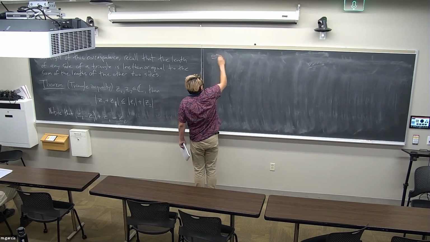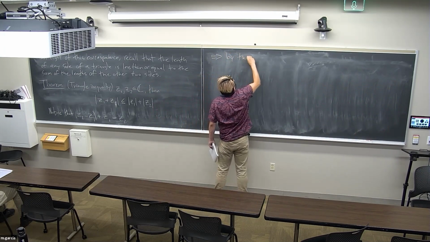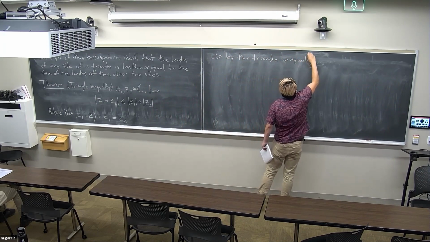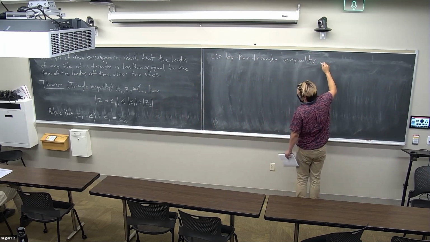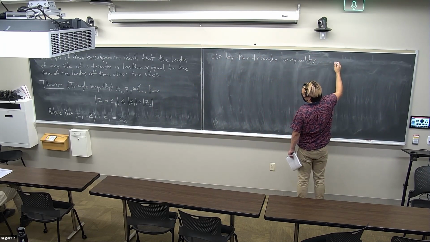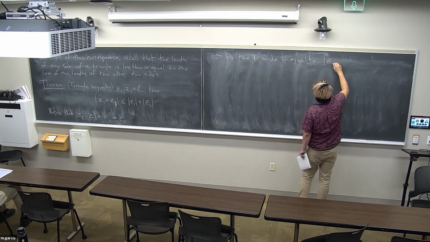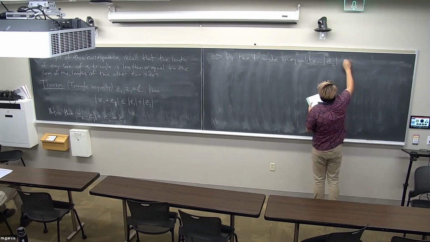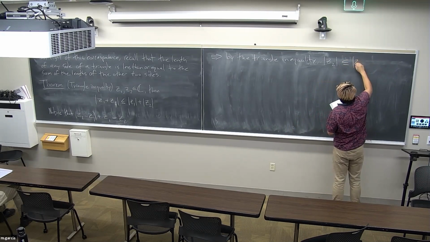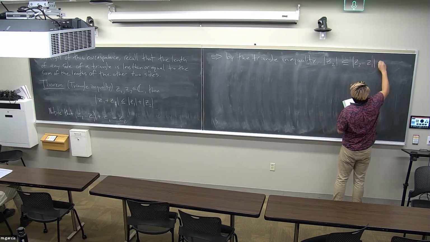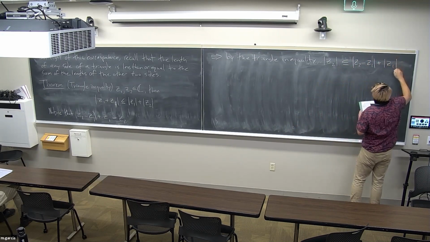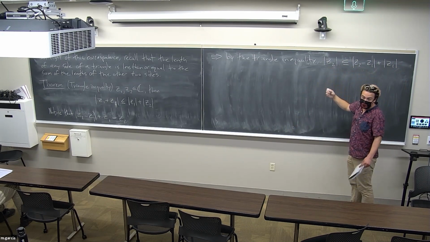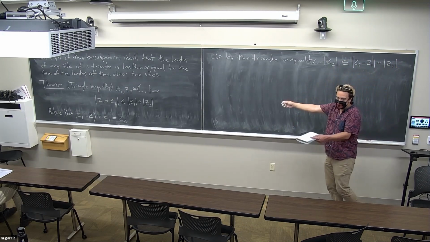So, this implies by the triangle inequality that the modulus of z2 is less than or equal to the modulus of z2 minus z1 plus the modulus of z1. Right? I have two complex numbers that add together to this. So that's just plugging into what the theorem says.